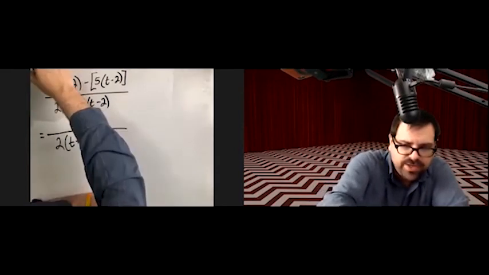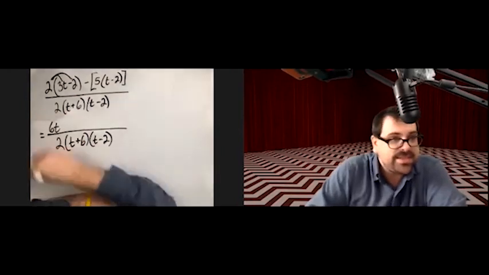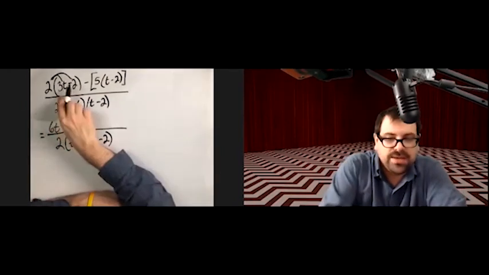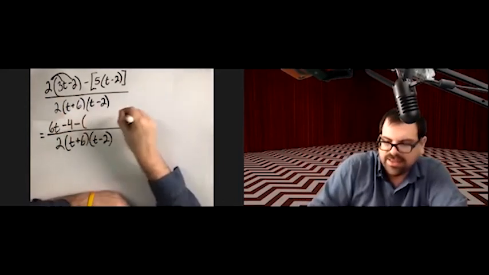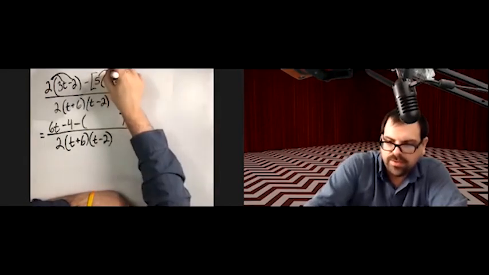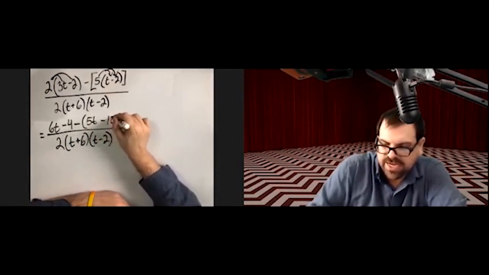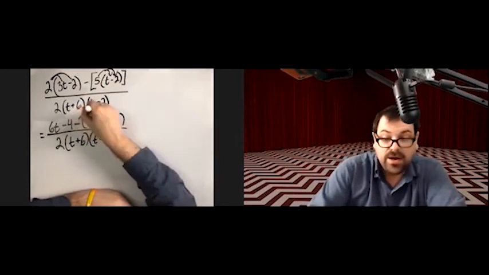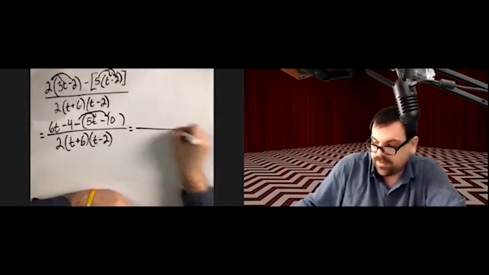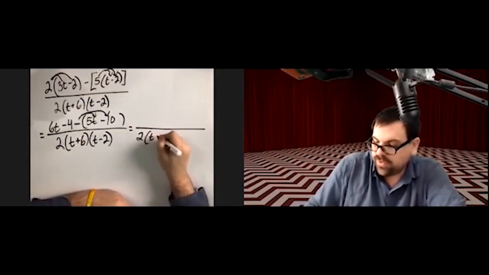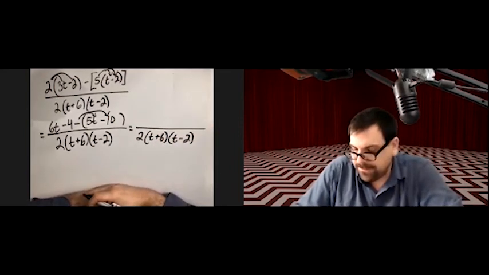On top, distributing the 2. 2 times 3t is 6t. 2 times negative 2 is negative 4. Then we will be subtracting this whole thing, and that whole thing, 5 times t is 5t. 5 times negative 2 is negative 10. Now, we can distribute this negative. We still have 2 times t plus 6 times t minus 2 on the bottom.